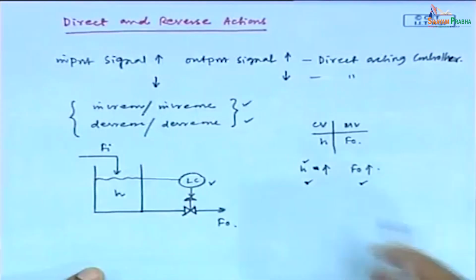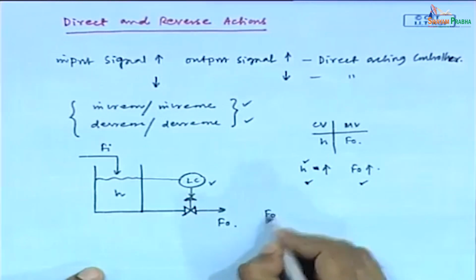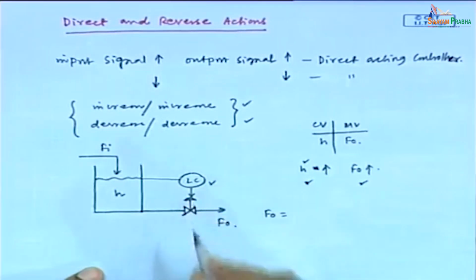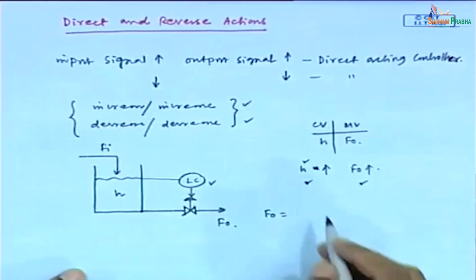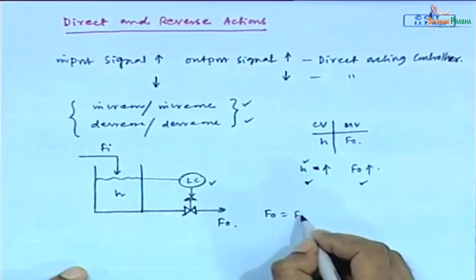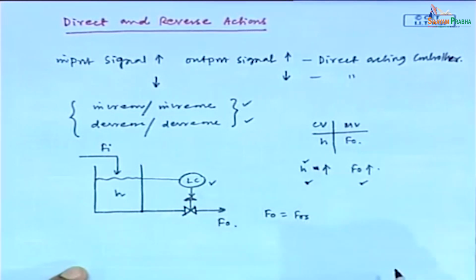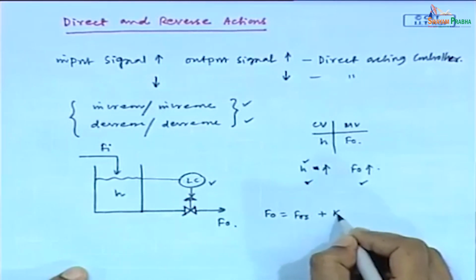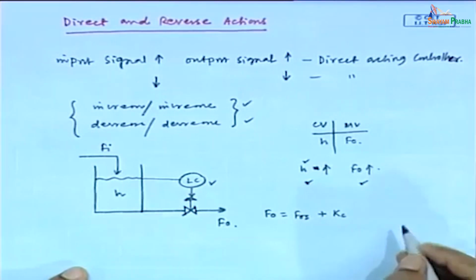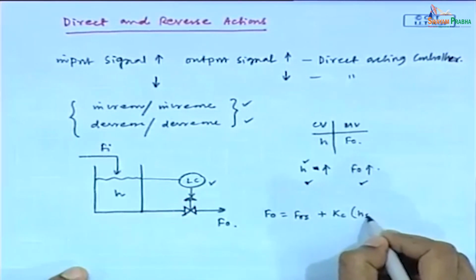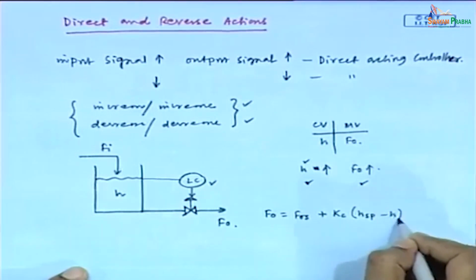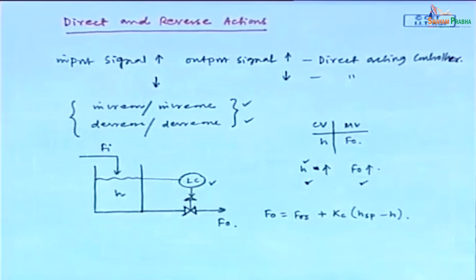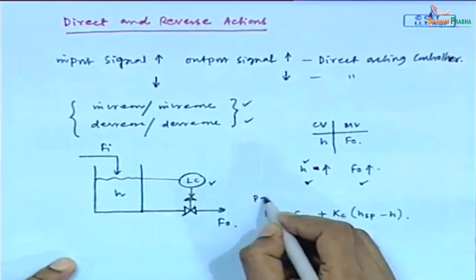Now, we will write the controller equation. Suppose this level controller is a P only controller.